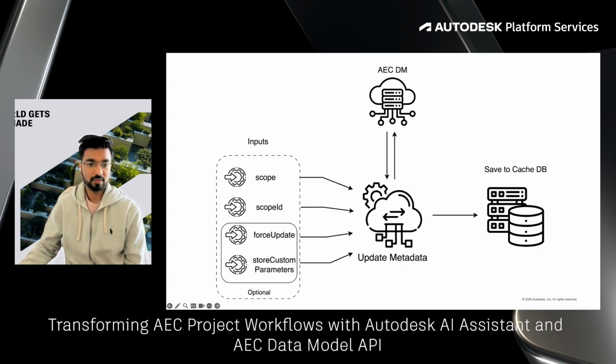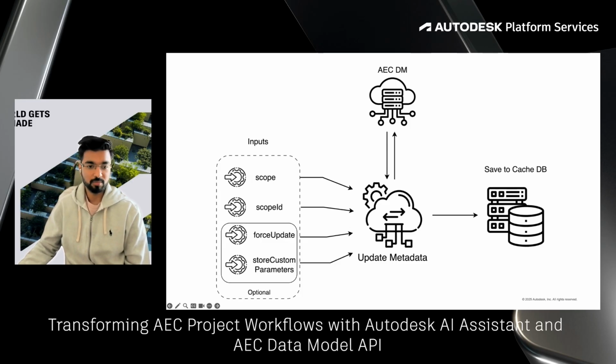Moving to the update metadata submodule, it updates the cache database from which the retrieve metadata submodule retrieves the values faster. It fetches the metadata from your Revit design using the AEC data model GraphQL. It takes similar input as scope and scope ID, but additionally supports 2 parameters.